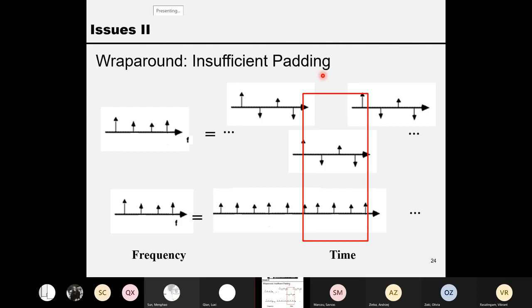But maybe you used a Fourier transform method when doing the correlation between the sweep and the recorded signal, and you actually have a wraparound in front. We'll see many examples later.